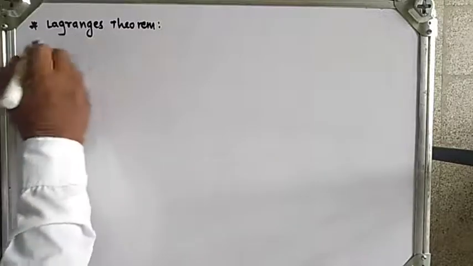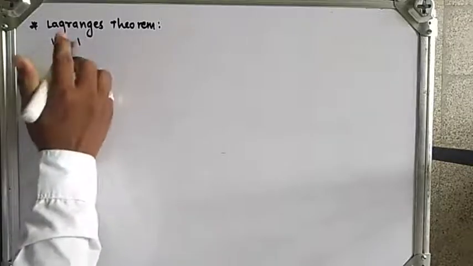So Lagrange's theorem says, let G be a finite group and H be a subgroup of G, then the order of the subgroup divides the order of the group. Then we say this is Lagrange's theorem. So let's see the statement.